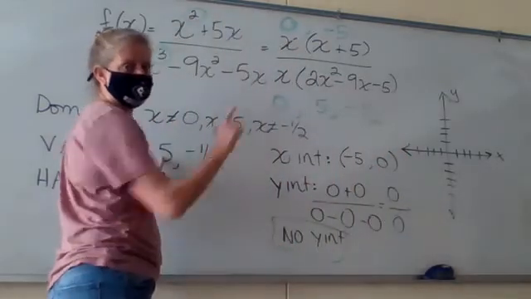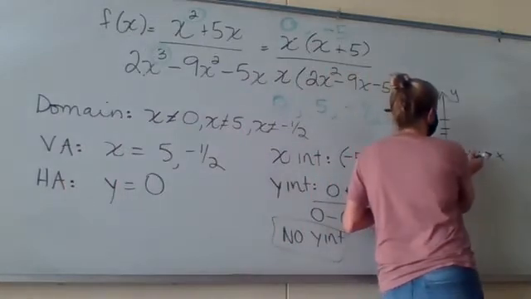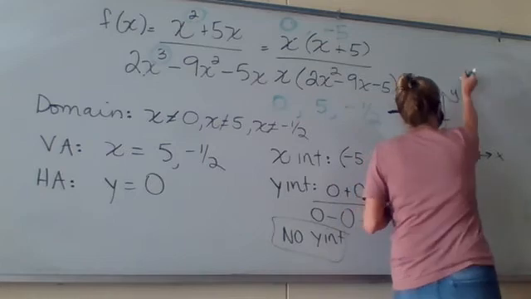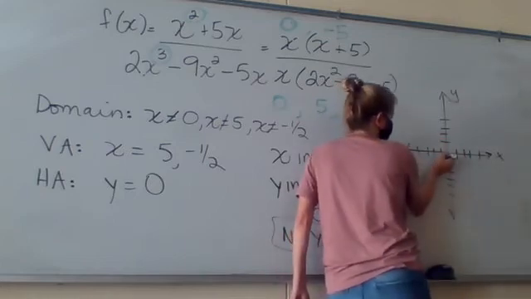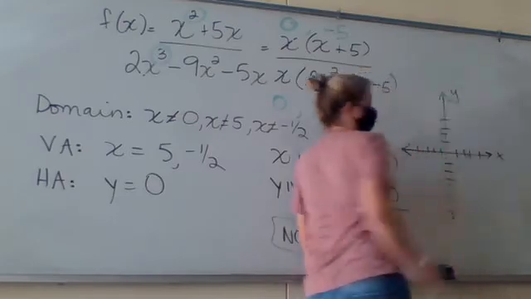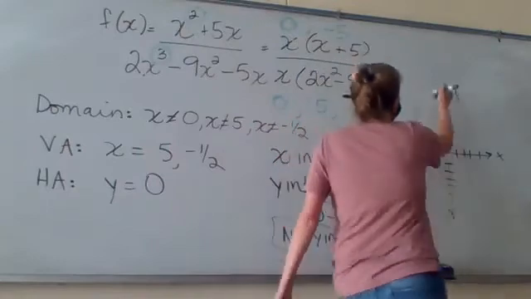Where is this? Plus 5. 2, 4, 5, and -1/2. So there's your vertical asymptotes.